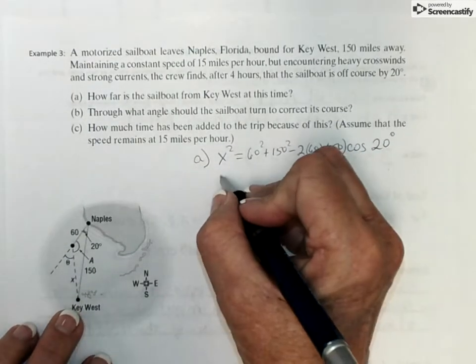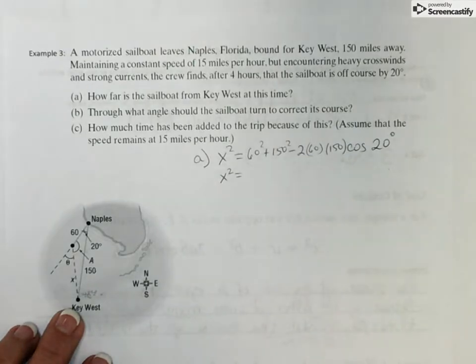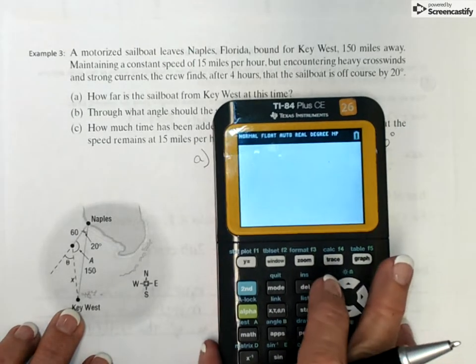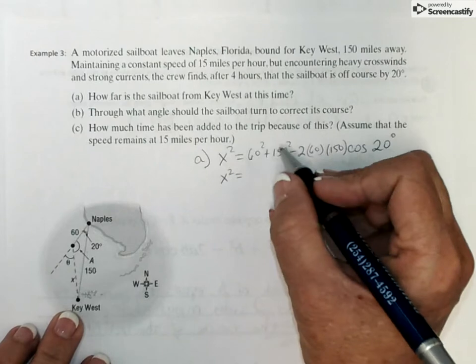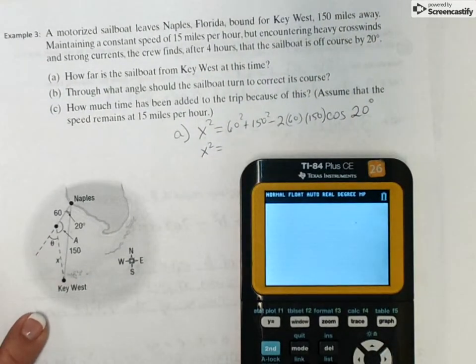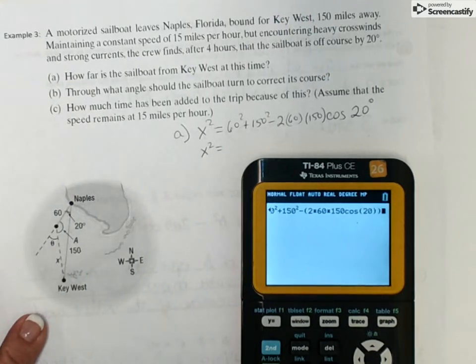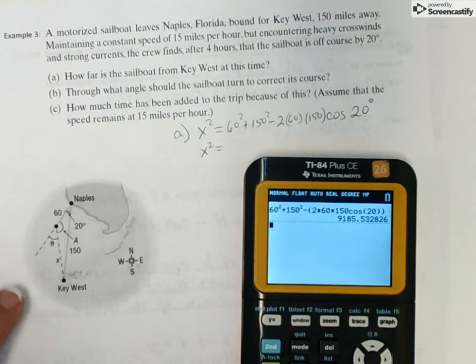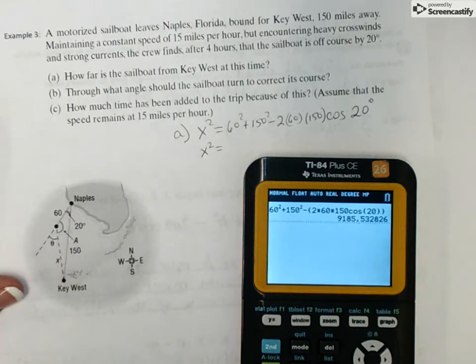Okay, let's see what we get here. Plugging this in the calculator, we get 60 squared plus 150 squared minus, and I'm going to put this in parentheses, 2 times 60 times 150 times the cosine of 20 degrees. And we get, that looks really off, so let me double check this.